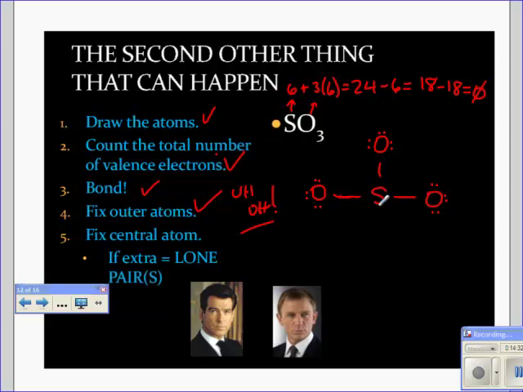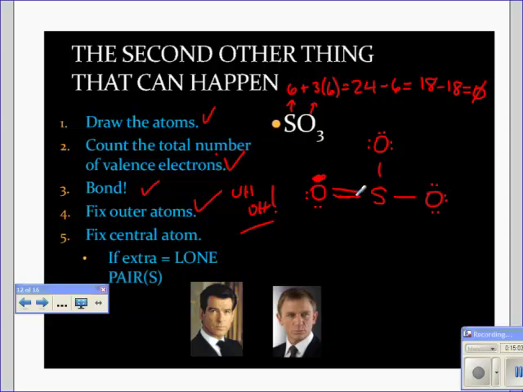And what you can do instead is you say, okay, I gave this oxygen what it needed, I gave this oxygen what it needed, and this oxygen what it needed, but I'm going to have to take from one of those oxygens. Instead of giving it the 8, I could say, well, these 2 instead of just giving it to the oxygen, I could share that again.